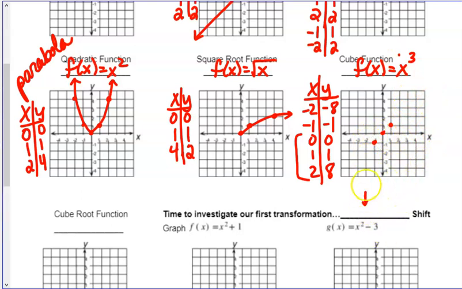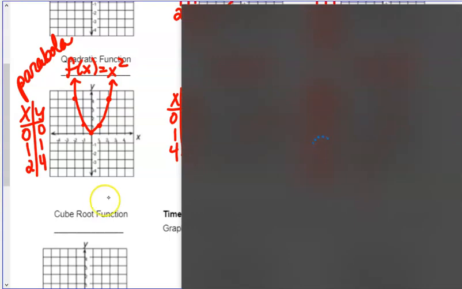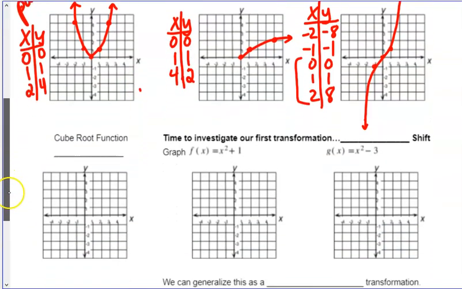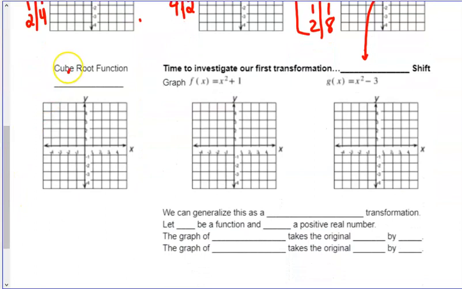So my cubic was that squiggle function. The key point there is remembering your turnaround point. Over 1, up 1, over 2, up 8, and then do the opposite of that to get our little squiggle going on there. Okay?